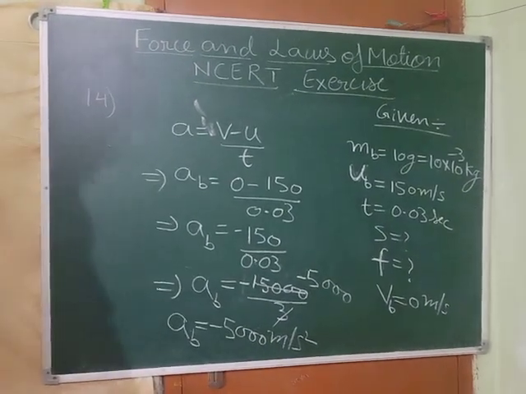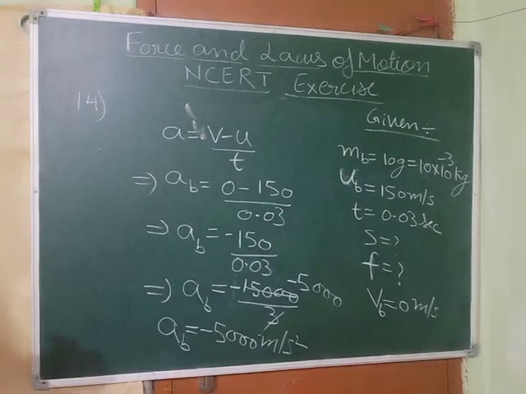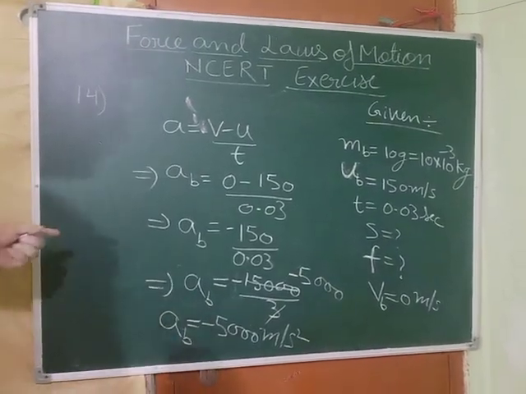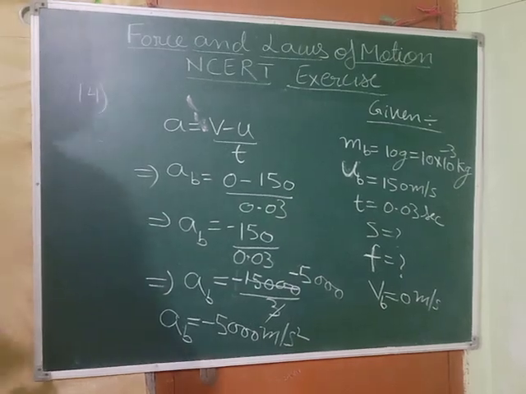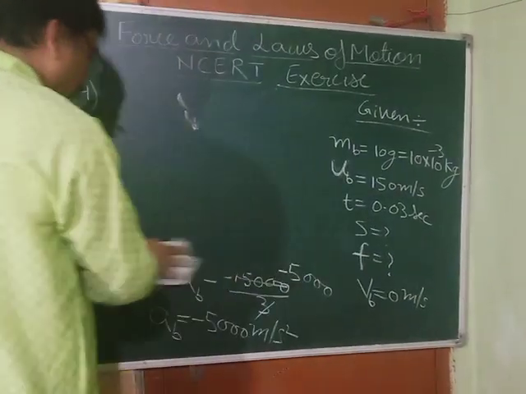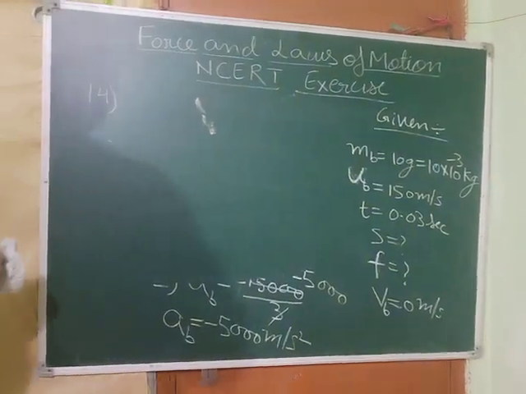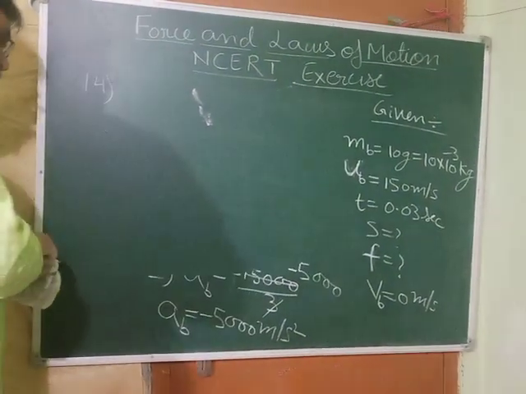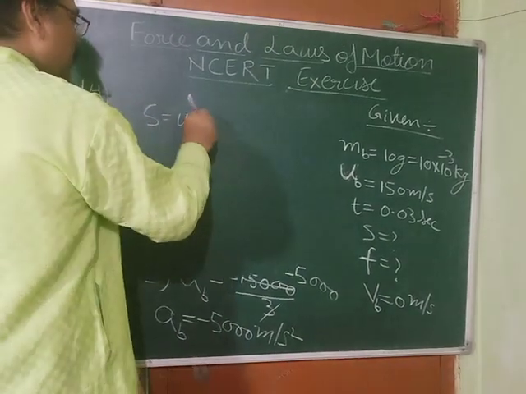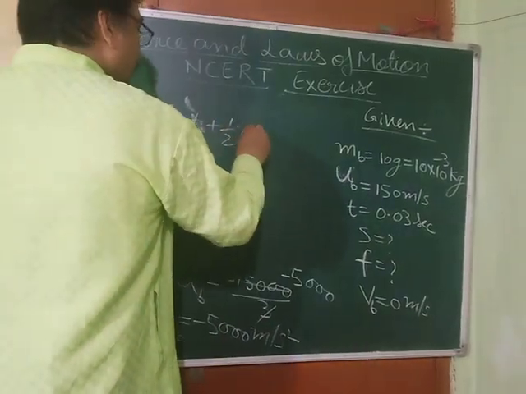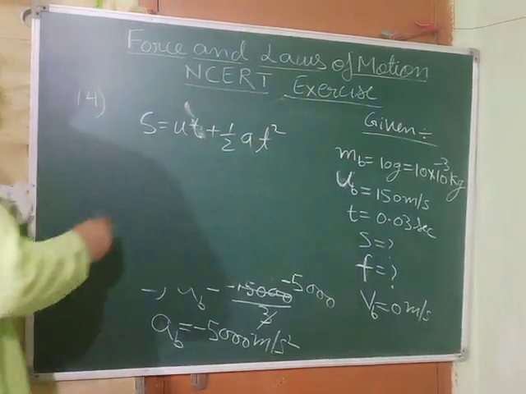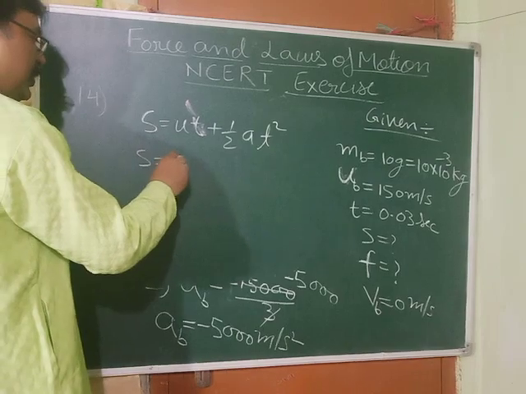Okay. Now once you have got this acceleration, you have to find out s. Noted this? Let us find it out. Very easily we can find out. s is equal to ut plus half at square. s we have to find out. u is how much?